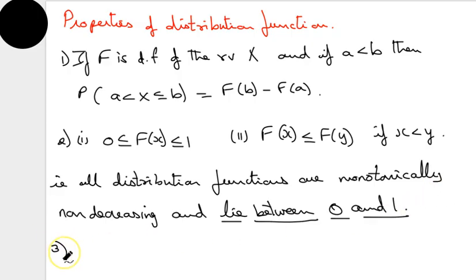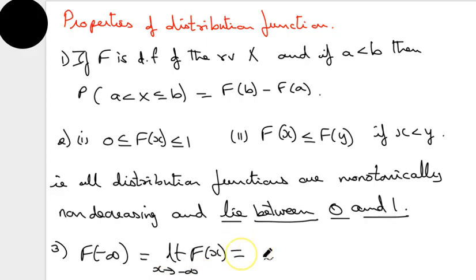Number 3, the third point, your F of minus infinity is the limit as x tends to minus infinity of F of x. We know that F of x has to lie between 0 and 1. So when it is tending to the extreme smaller value, this becomes 0.